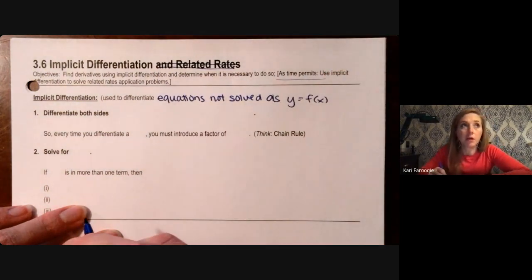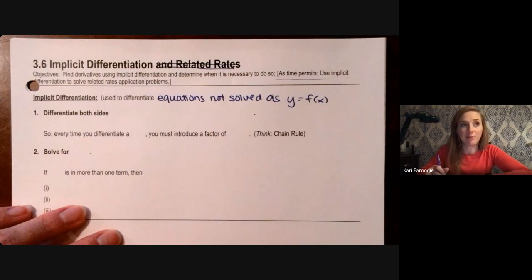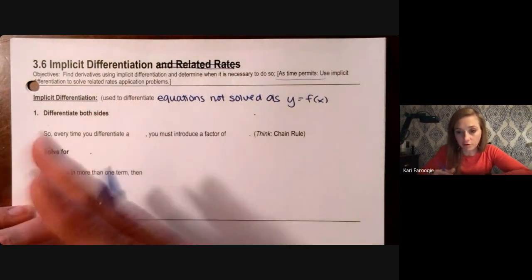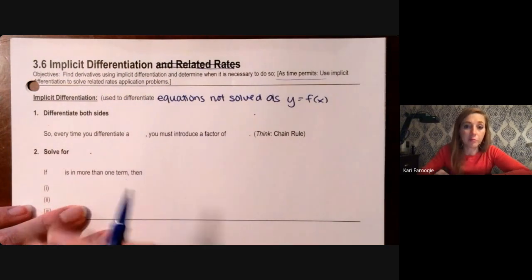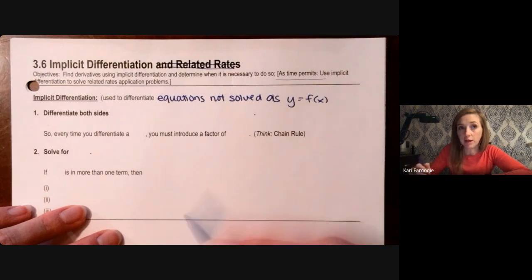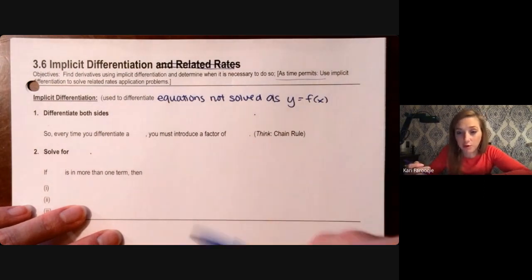So pretty much always up to this point, you've seen y equals or f of x equals or g of x equals or h of x equals, and then you've had some function in x that we've just called y or just some other f of x. But right now we're going to be talking about equations that maybe are like x plus y minus 5 equals y squared plus 2x.